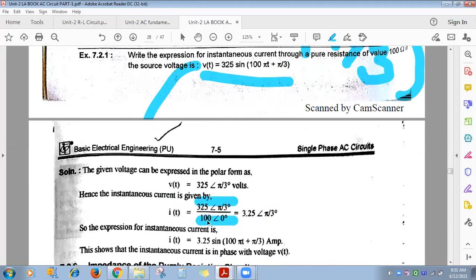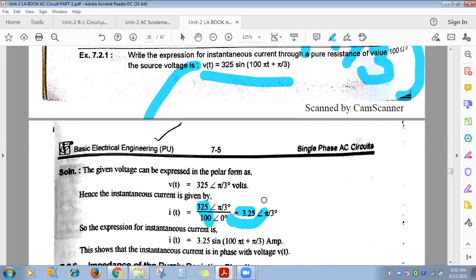I told you resistance in the S plane comes along the positive real axis in the impedance triangle. So 100 is the magnitude and no angle. There is no need even to write this resistance in polar form. Directly you can write only 100 or 100 at an angle of 0 degrees, one and the same thing. So for the magnitude you divide 325 by 100, 3.25.